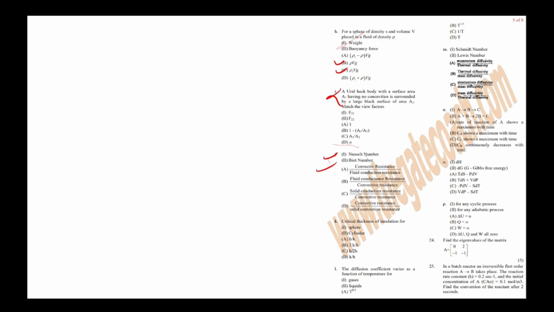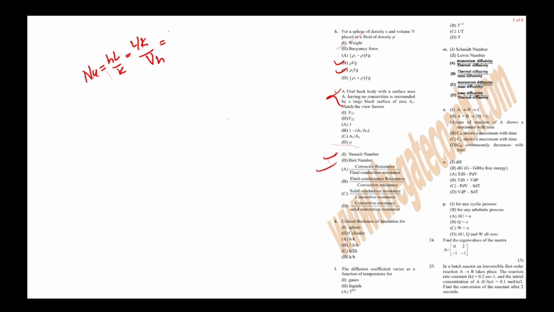Nusselt number is fluid upon fluid, Biot number is solid upon fluid. Nusselt number is hL upon k, I can write this as L upon k over 1 upon h. This is the resistance for conduction.